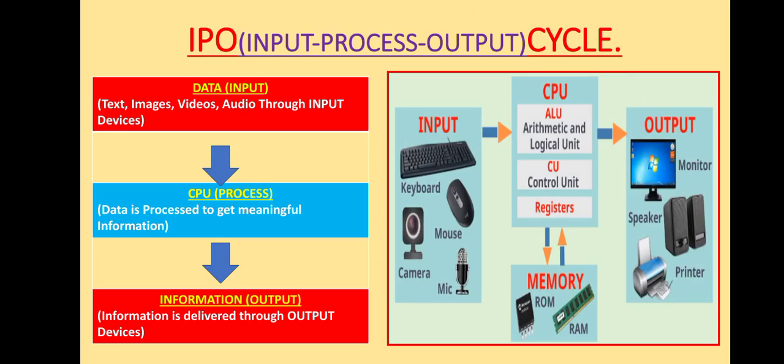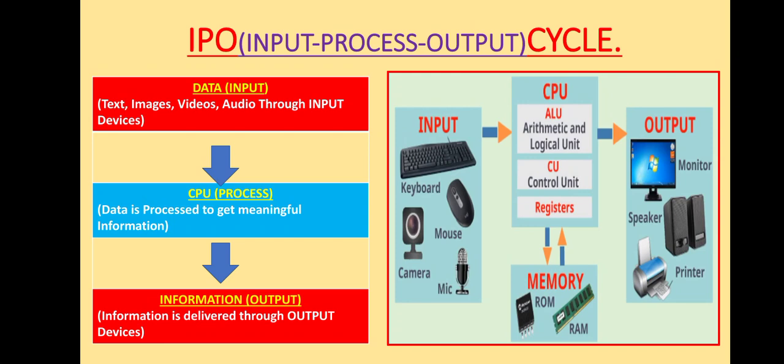Let us understand what is meant by the IPO cycle. IPO stands for input, process and output. This is a cycle which is followed by a computer for doing its work. As shown in the slide, it starts from collecting data from the outside world.